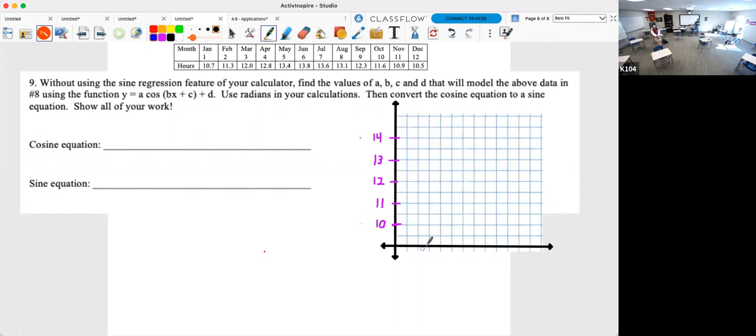All right, so this is 1, 2, 3. These are the months down here. These are the hours of daylight in the day. So just modeling these, 10.7 is about right there. Then 11.3.